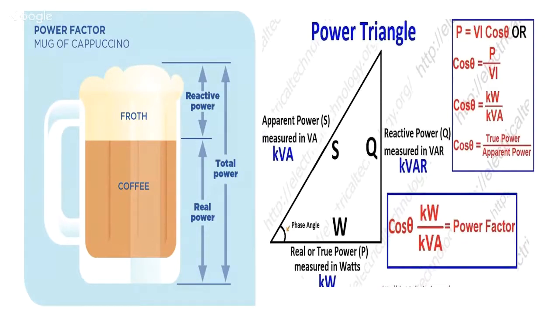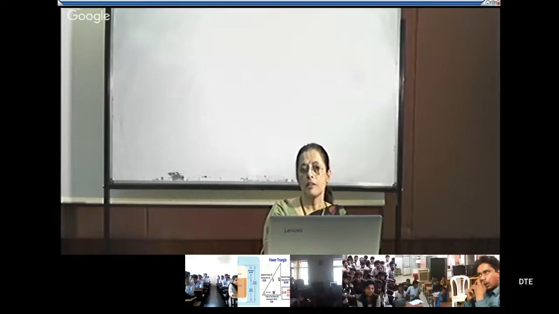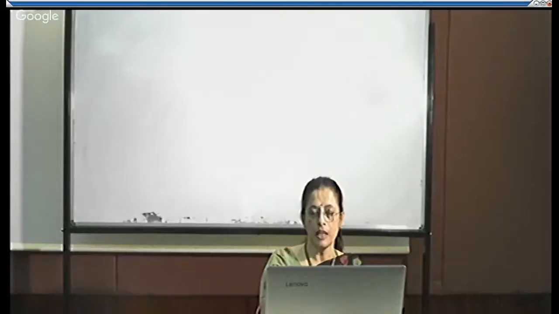You will have to use a bigger size of conductor, then you have to use larger ratings of machineries and equipments, there will be increased copper losses and also the regulation will be poor. So it is always preferred that the power factor must be greater than or equal to 0.9.